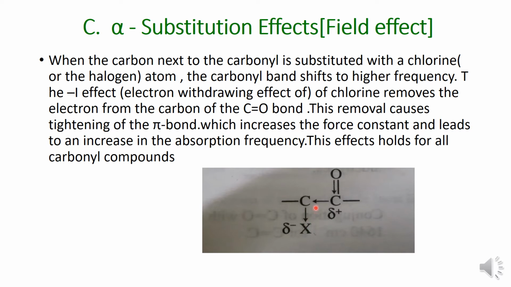This halogen attracts the electron around this carbon atom. So consequently this carbon-carbon bond becomes weaker and this carbon gets a positive center at this position. So the C=O becomes stronger, or tightened, which causes an increase in force constant and an increase in group frequency.